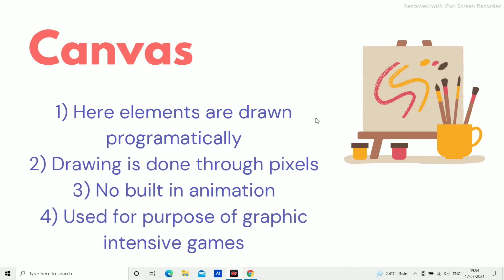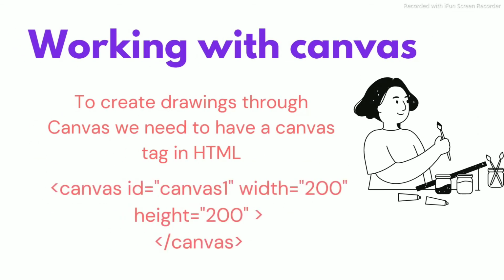To create anything related to canvas in your HTML, you should have the canvas tag as well as some ID, and you have to mention its width as well as height, and complete the tag.